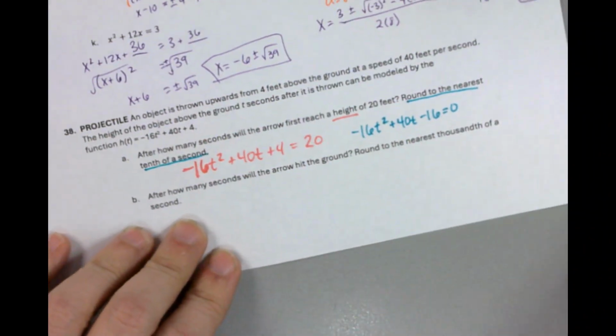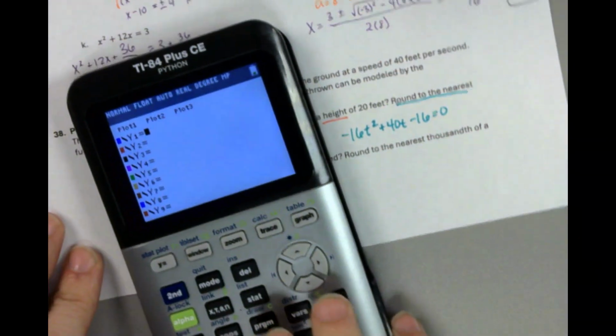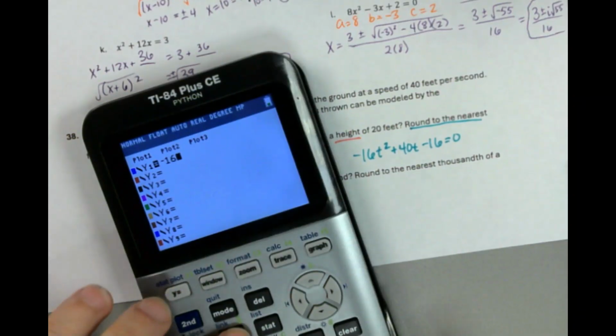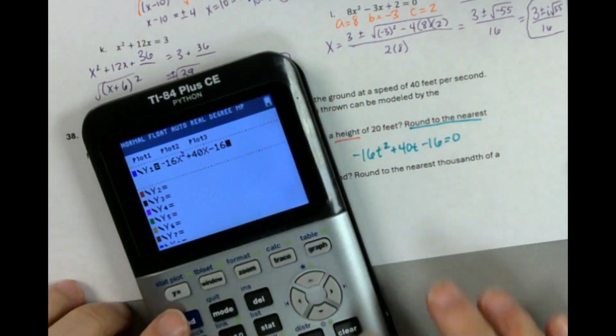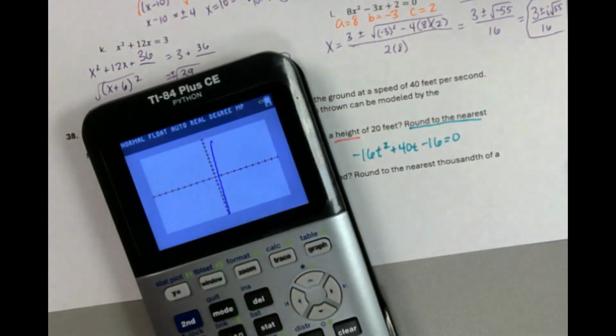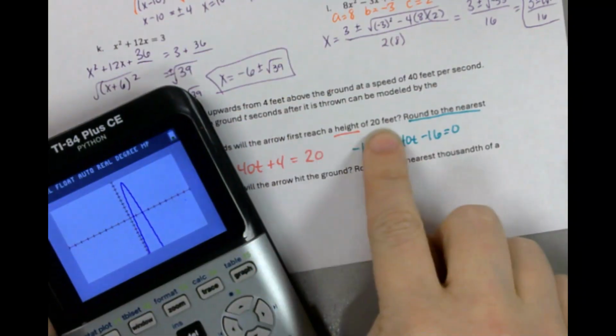I'm now going to put this in my calculator and find the zeros. Negative 16x squared plus 40x minus 16. It does say t there if you want t. When I look at my graph, it is real skinny, real quick. It says, when does it first reach a height of 20?